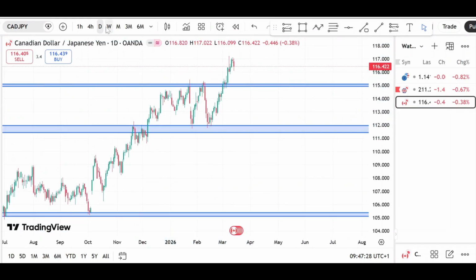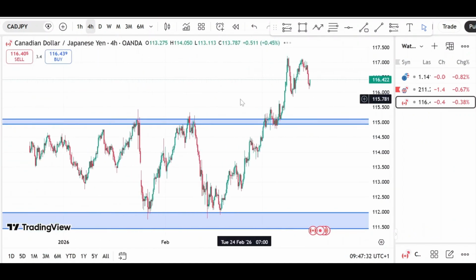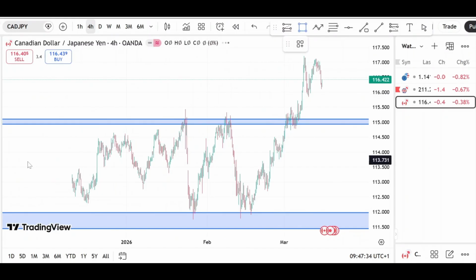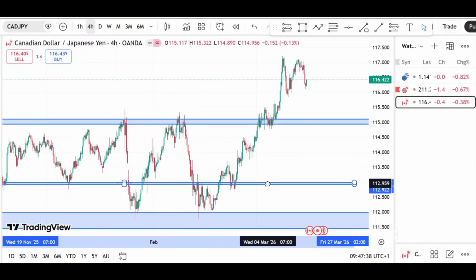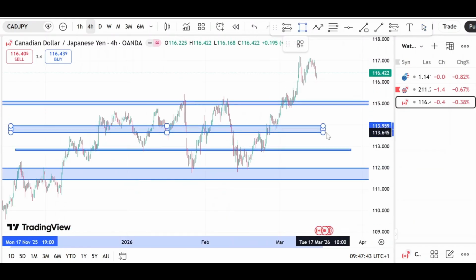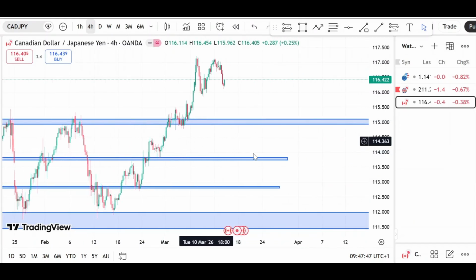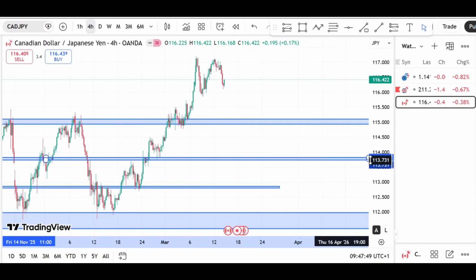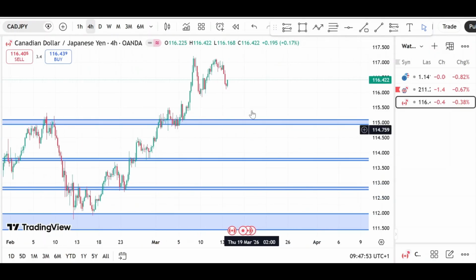Let's go in H4 time frame to see what's going on. Okay, in this H4 we're in a very beautiful uptrend, as you can see. Guys, swing trading is about patience, because it requires patience.